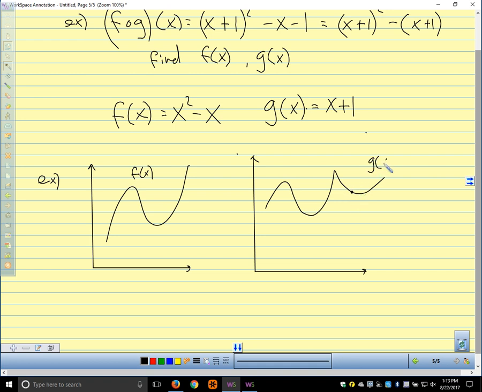So there's f of x, and just making this up, this is g of x. And I'm going to say this point, there's x equals 5, and this point here is 5, 21. Sorry, I want that to be 15.